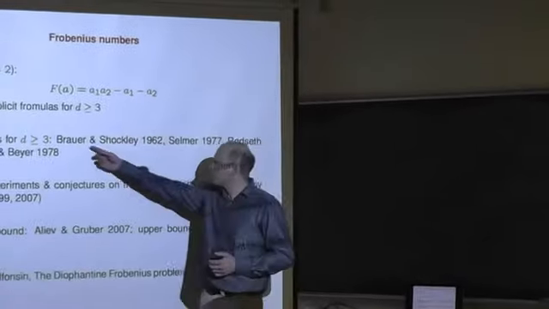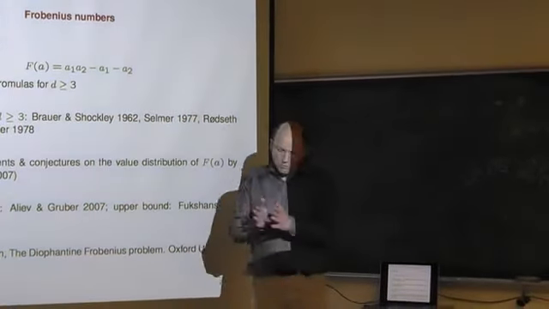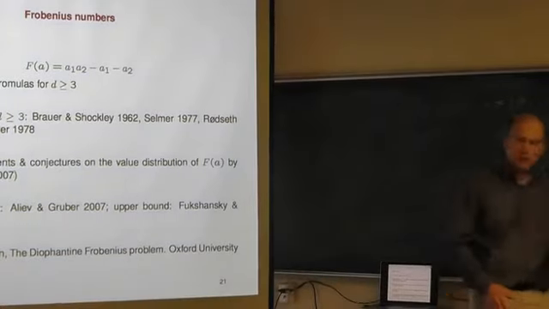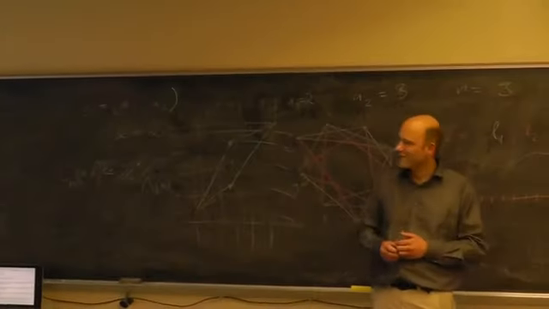Eventually Brauer and Shockley wrote this up, and then there are a number of other papers. There's a whole book about this. What did they do? I'll come back to this.